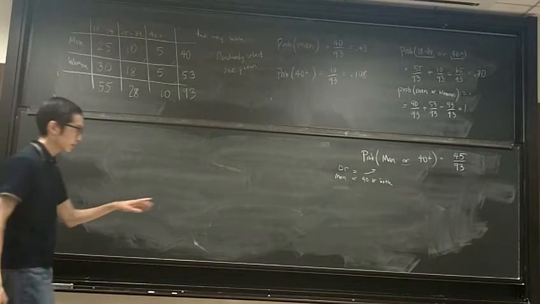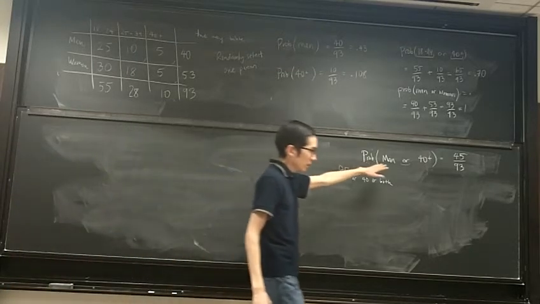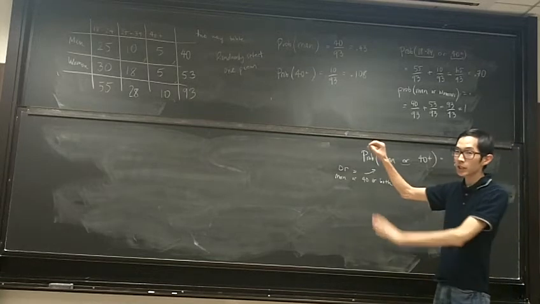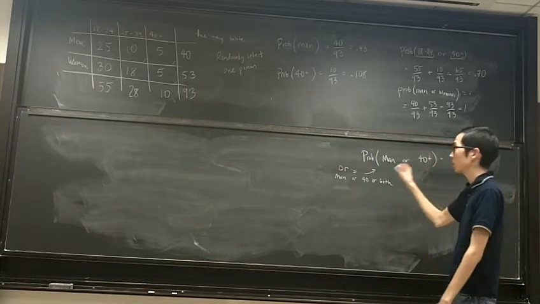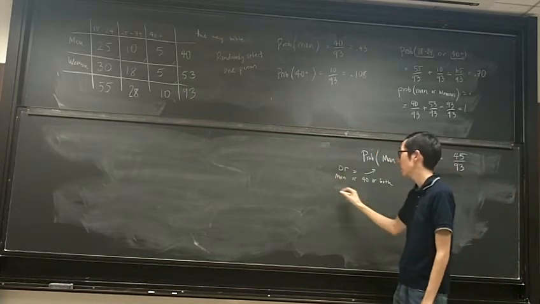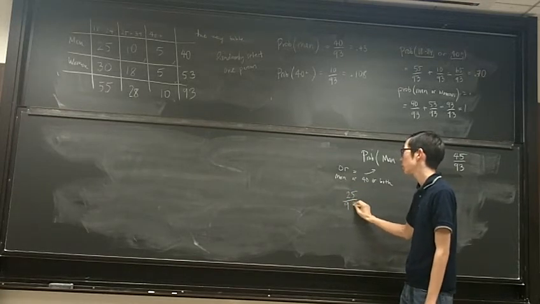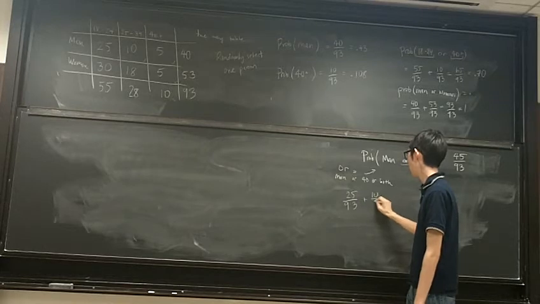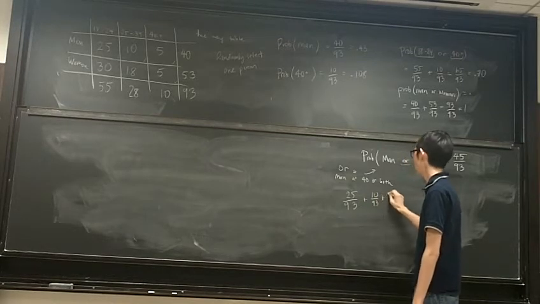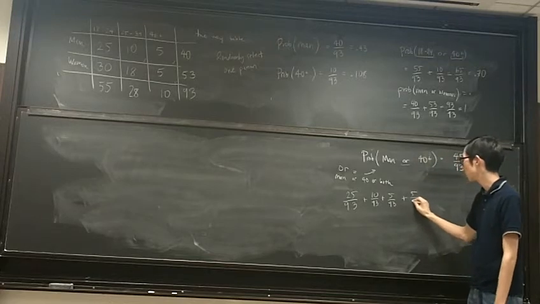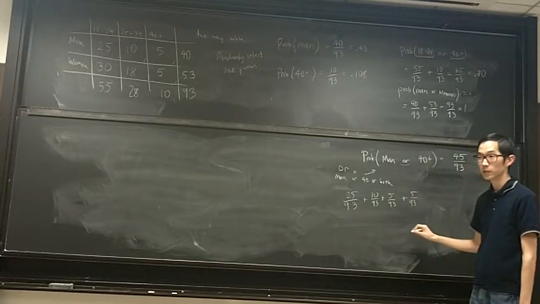of 10. Okay, so there are several ways we can answer this. One is I could break up all of the components of being a man, adding up the different boxes: 25 over 93 plus 10 over 93 plus 5 over 93, and then 5 over 93 for the 40 plus.